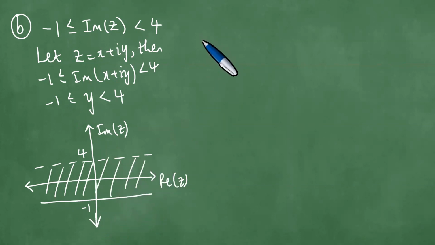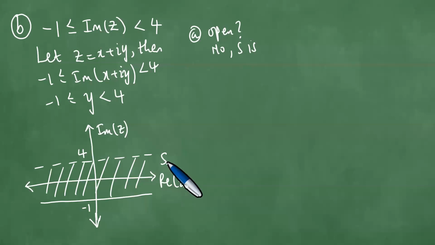The couple of questions you need to answer, like the openness. Is it open? No. S is not open. Because this is the set S, S is not open. Well, it contains this boundary here, that's why it's not open. The B part, we ask the question, is it closed?